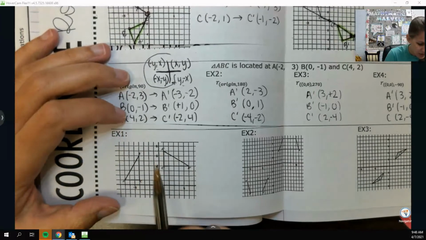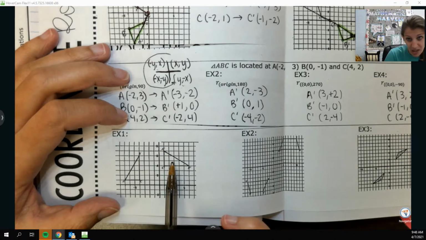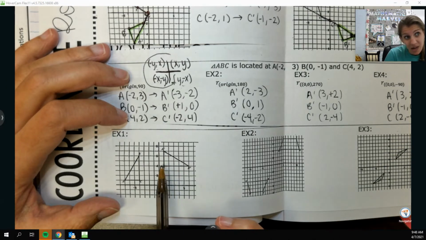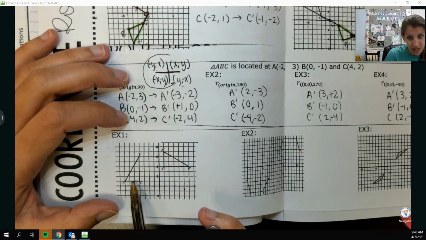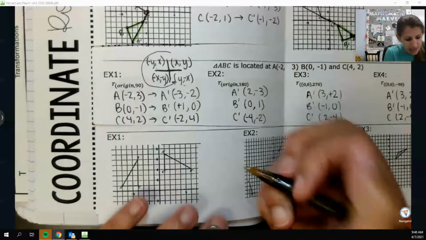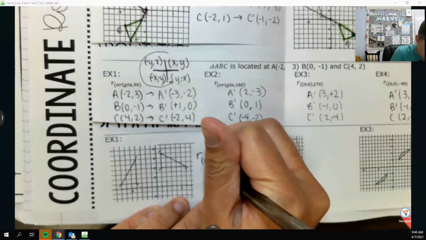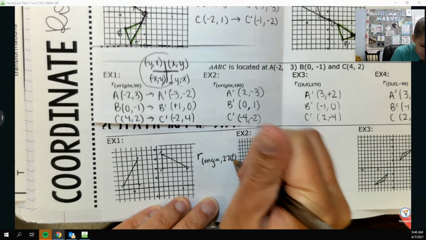So like if I look at this one here, here is my pre-image, and it moved 1 quadrant clockwise or 3 quadrants counterclockwise. So I like to think counterclockwise. That just makes more sense in my brain. So I went 1, 2, 3, and that's 270 because that's 3 90s. So we did a rotation around the origin of 270 degrees.